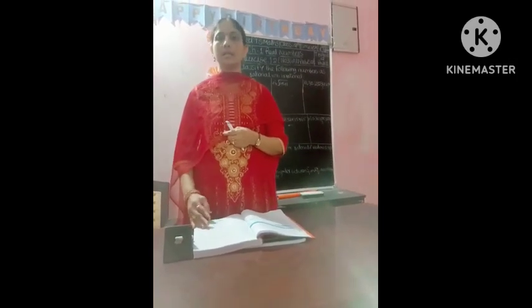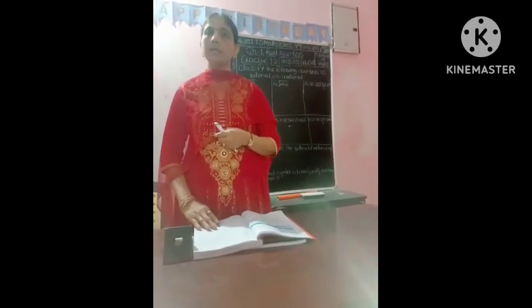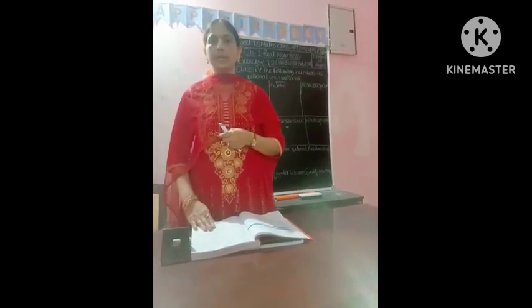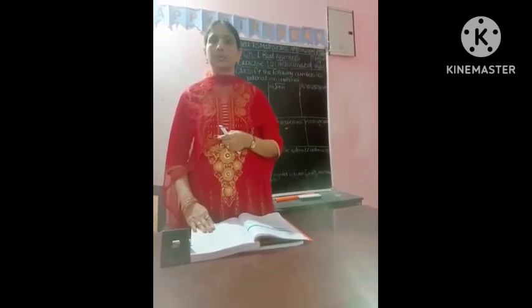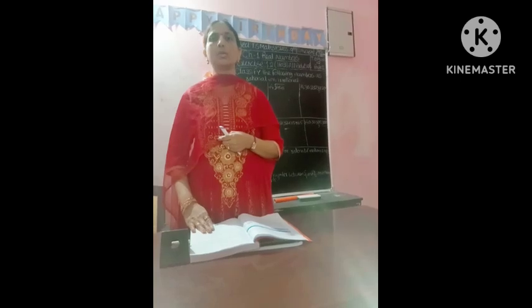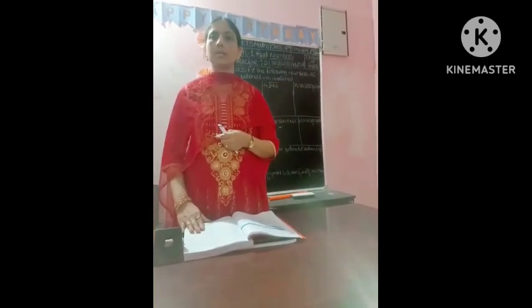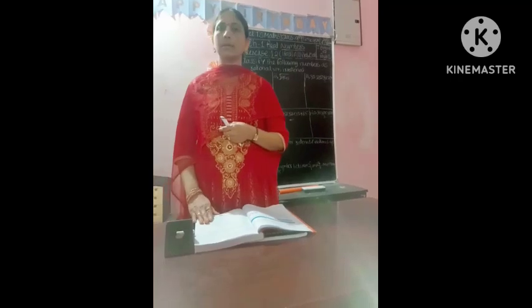What are irrational numbers? An irrational number is a number which cannot be written in the form p by q, where p and q belong to Z and q is not equal to 0. Such numbers are called irrational numbers.